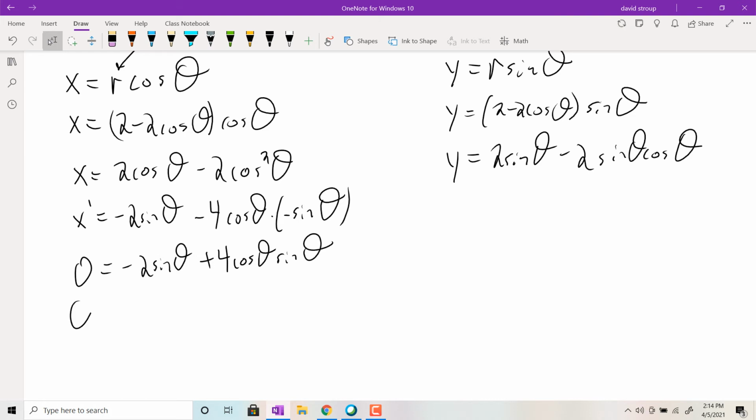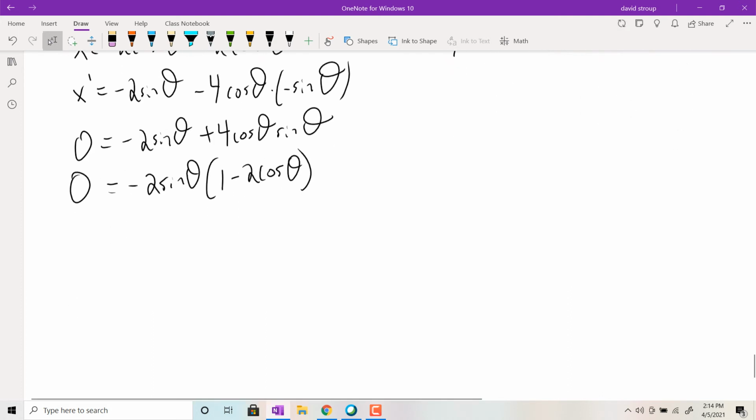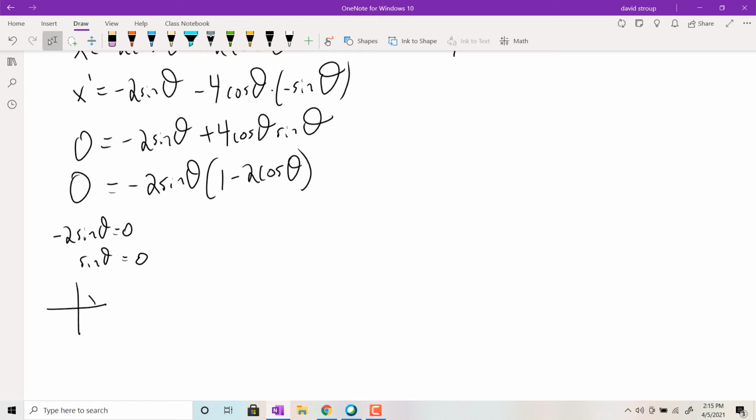You can factor negative 2 sine theta out, and you get 1 minus 2 cosine theta. And we're setting these parts equal to 0, so you get negative 2 sine theta equal to 0. In other words, sine theta equals 0. And where does that happen? It happens when theta is 0 or pi. So when theta is 0 plus pi n, in other words, just pi n.